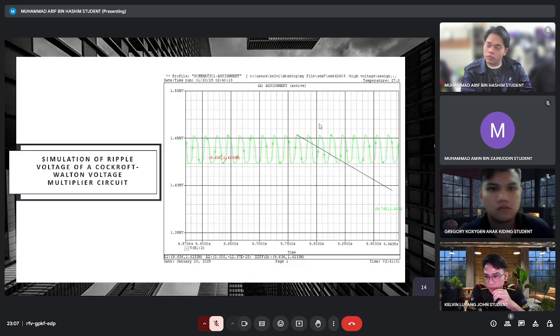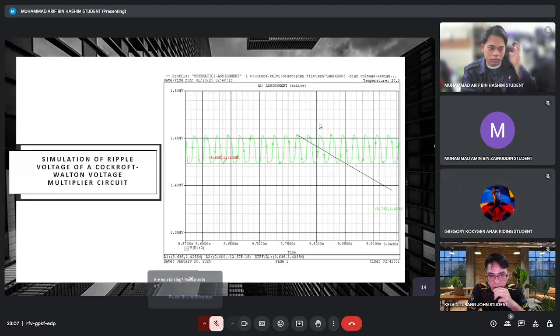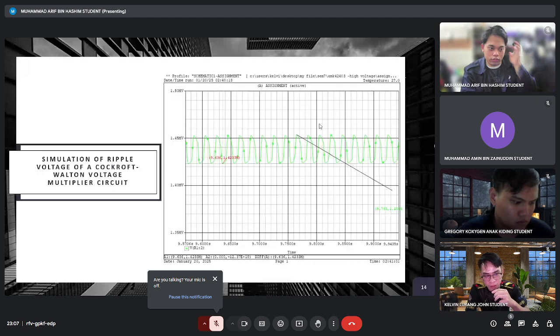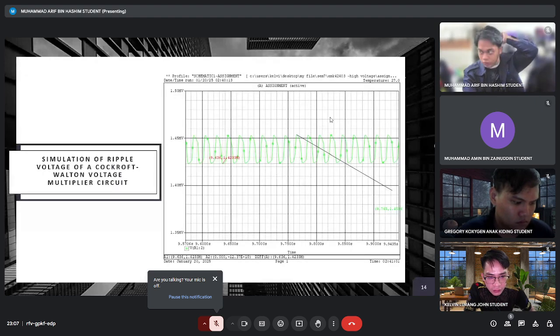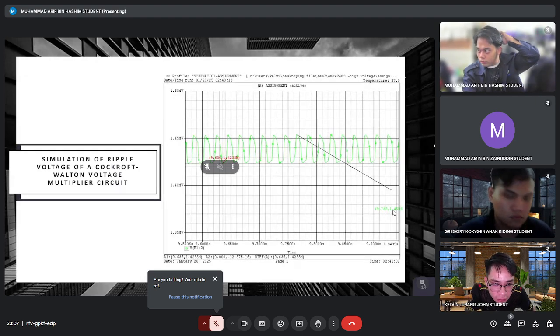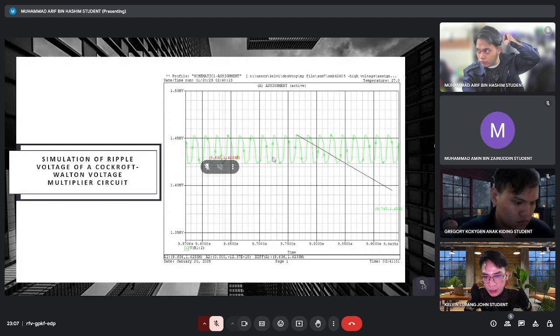This is the result for the simulation ripple voltage of the Cockcroft-Walton voltage multiplier circuit. For the peak value, the maximum voltage is 1.4536 megawatt, and the lower peak is 1.4233 megawatt.